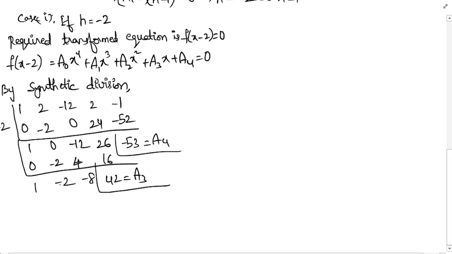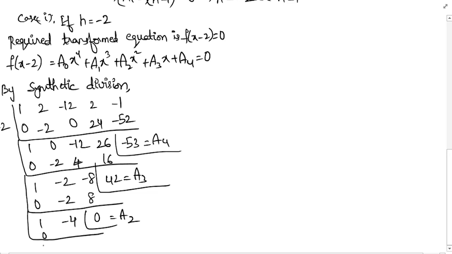Okay, so now again this is 0, 1, minus 2, minus 4, 8 and this will be 0. This is A2. A2 is 0. This is 0, 1, minus 2. This is equal to minus 8. Sorry, minus 6. So this is equal to A1. Okay, and this will be equal to A0.